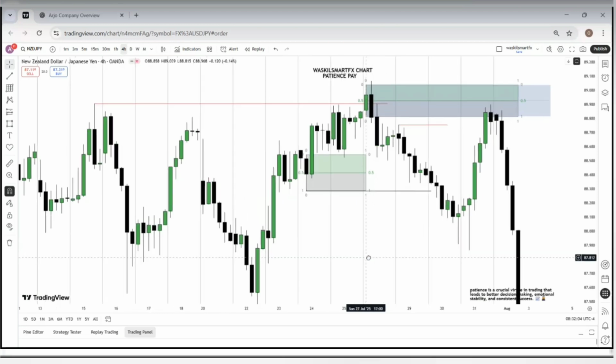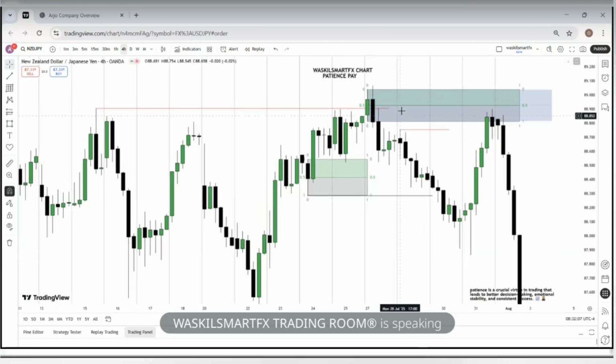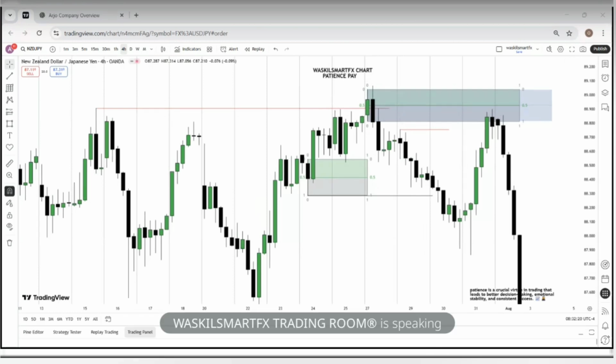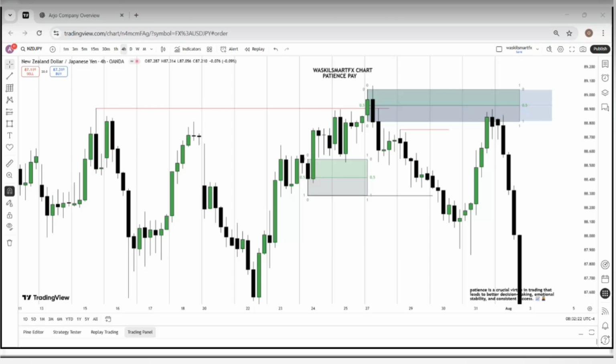Where you drew the red line from. There are two red lines on the screen, the inducement and the stop hunt. So the wick to the right, where you drew the order block from, the clear of liquidity from.